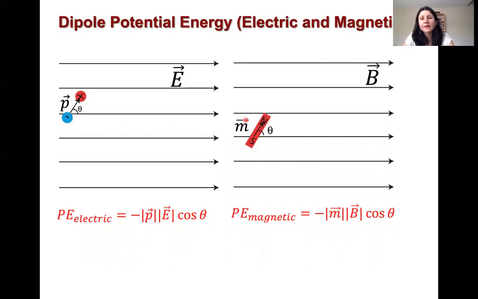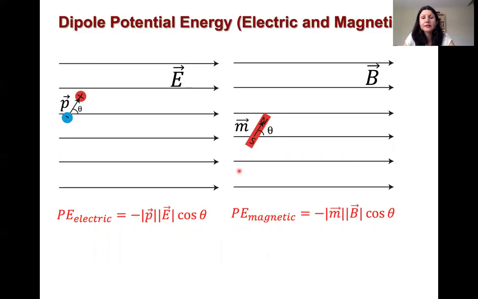Now imagine we have our magnetic dipole, and we use little letter m for that. It's a vector. And if we have our little magnet, the direction of the magnetic dipole points from south to north, the same way it pointed from negative to positive here.